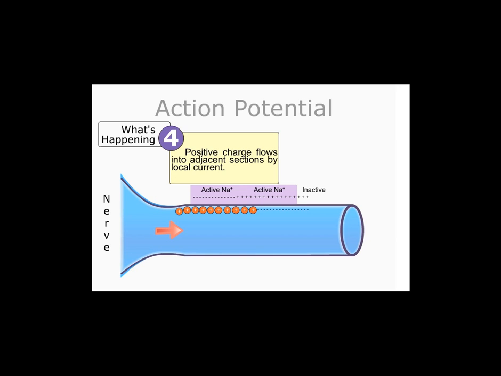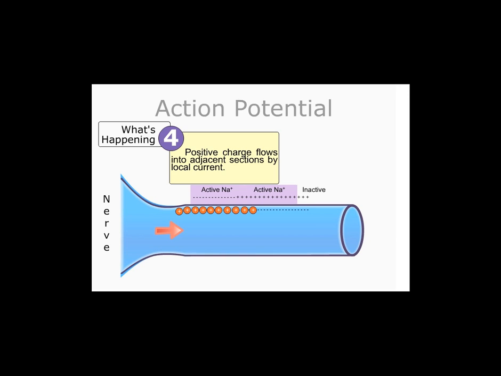If we generate a current in a wire or in an axon, we will find that the electrical potential will move down that wire or down this axon. And we see the positive charge moving away from this original active region, towards the end of the axon. And as it does, it opens up voltage-gated sodium channels downstream.